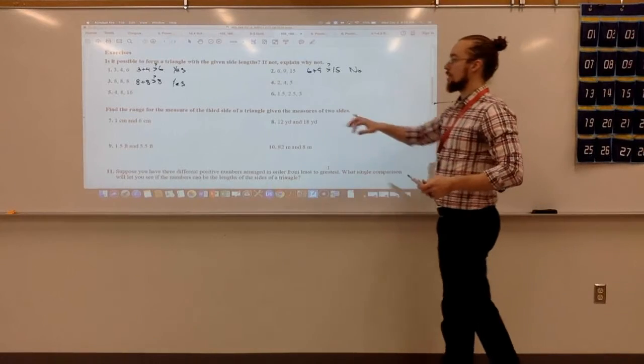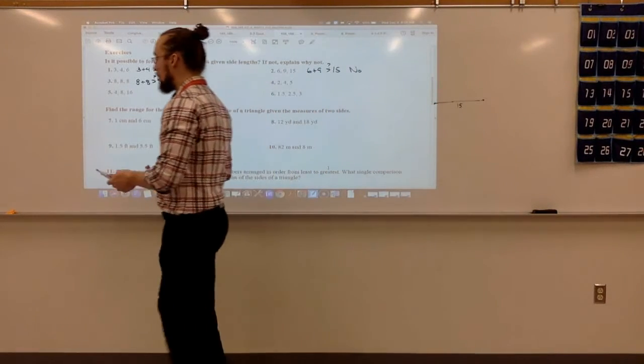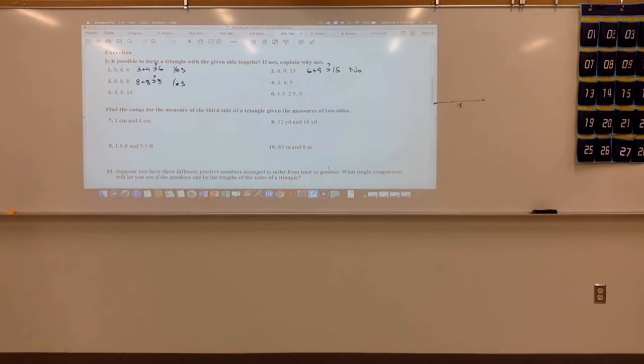All right, so just take a minute or 2 here and try 4, 5, and 6. See if these 3 side lengths can form a triangle.